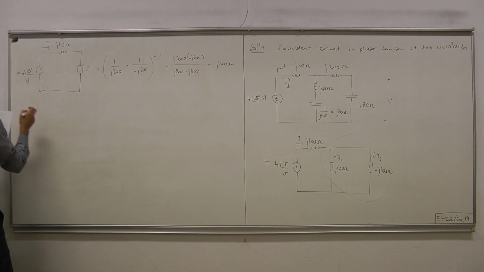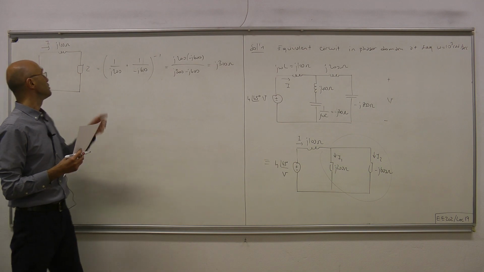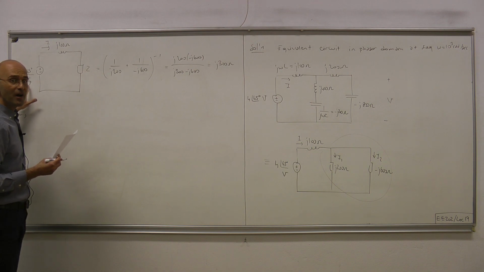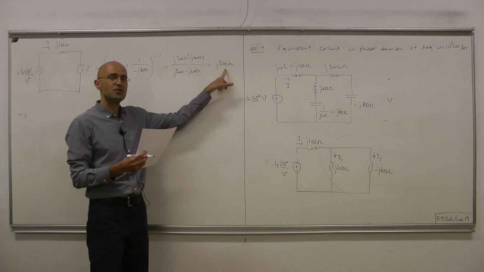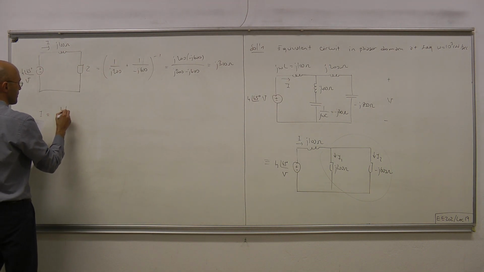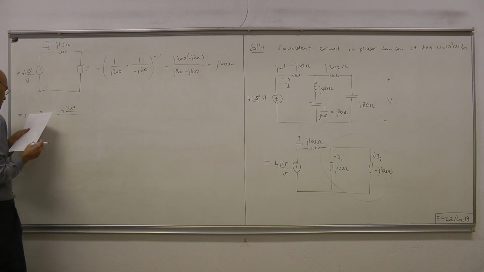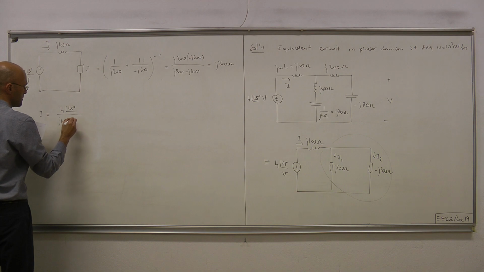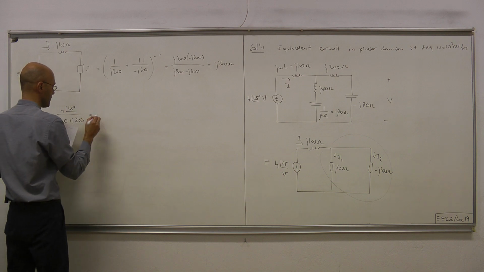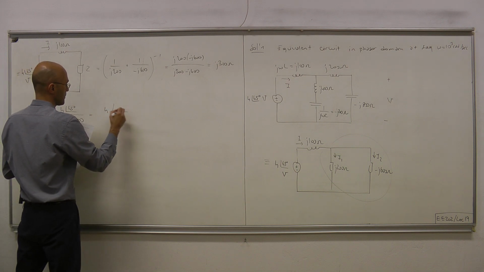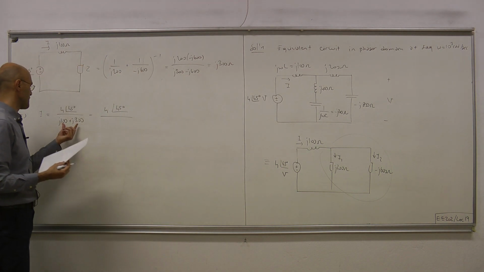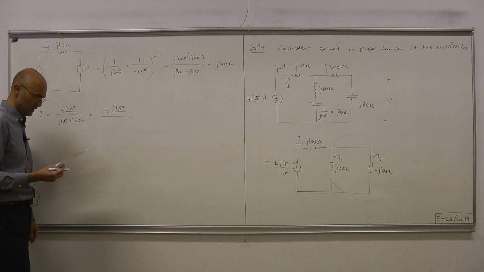Now it's very easy at this point to compute I. All we have to do is divide this voltage by the impedance seen by this source, which is J100 plus J300. So I equals the voltage divided by the equivalent impedance seen by the voltage source, J100 plus J300. Since we're doing division, it's better to express everything in polar coordinates.